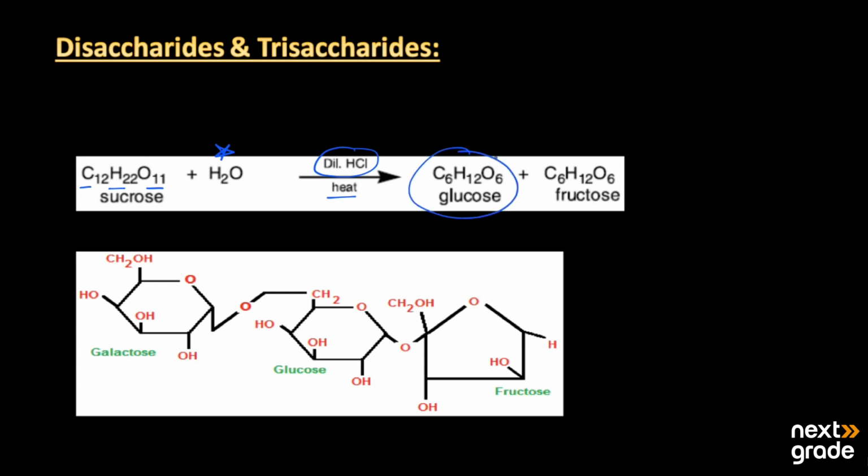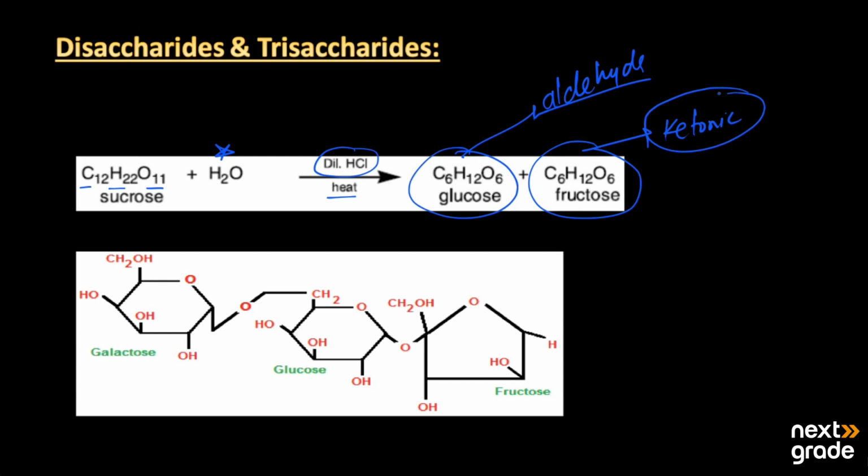The first is glucose and the second is fructose. Glucose is aldehydic, it contains an aldehyde group, and fructose is a pentahydroxy ketonic sugar, it contains a ketonic group. So this is known as a simple disaccharide.